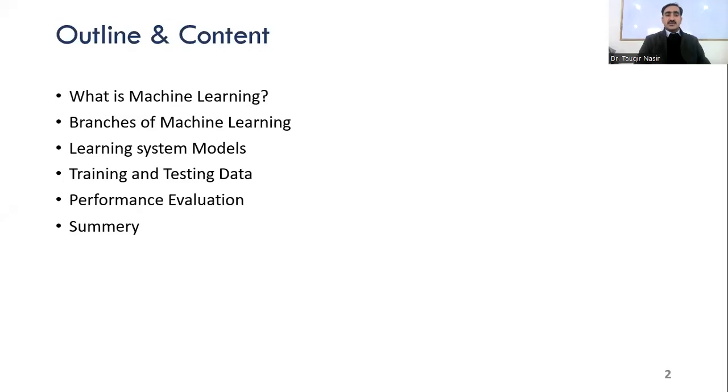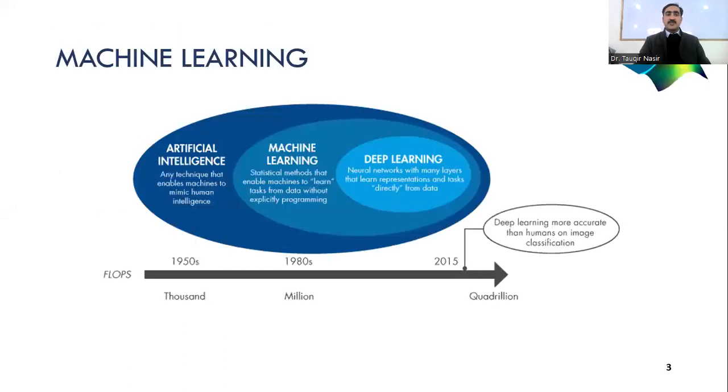The contents are machine learning, branches of machine learning, the learning system models, training and testing models, performance evaluation, and summary. As we know, machine learning is a sub-branch of artificial intelligence, and artificial intelligence is a technique which enables machines to mimic human intelligence.